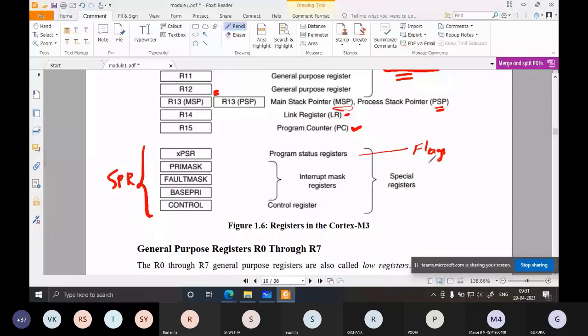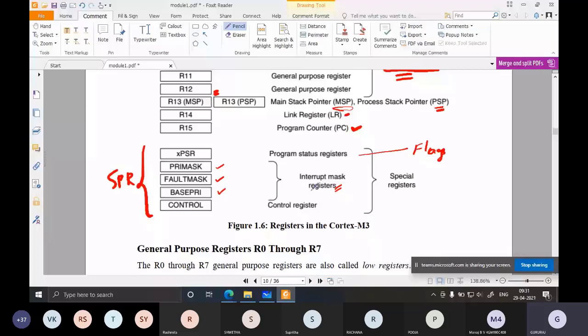Next, you can see the three registers: prime mask, fault mask, and base prime. These 3 correspond to interrupt mask registers, so they deal with interrupt masking. There is an option of masking the interrupts.